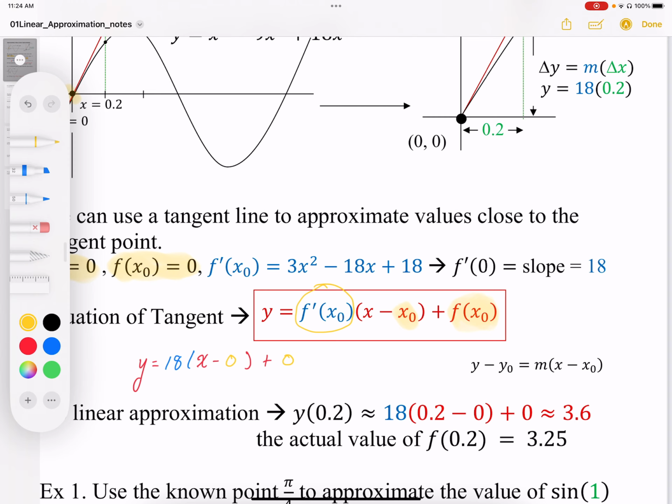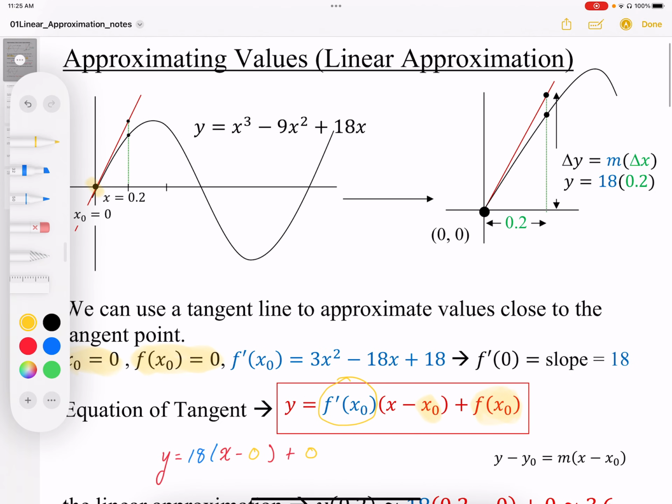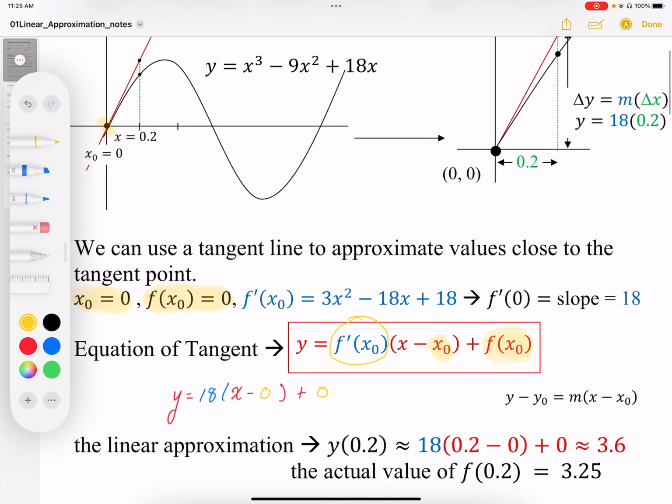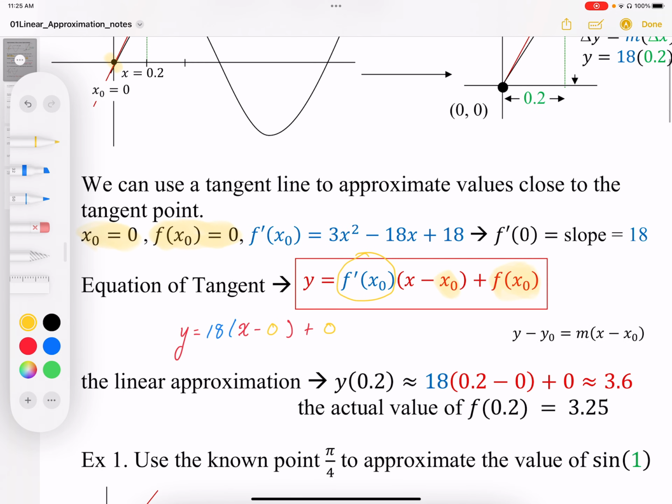And using that coordinate, we plug in the value of, well, we want to approximate what's happening at x equals 0.2. And we plug in the x value of 0.2, and we get the value on the red tangent line. We're going to end up with a value of approximately 3.6.